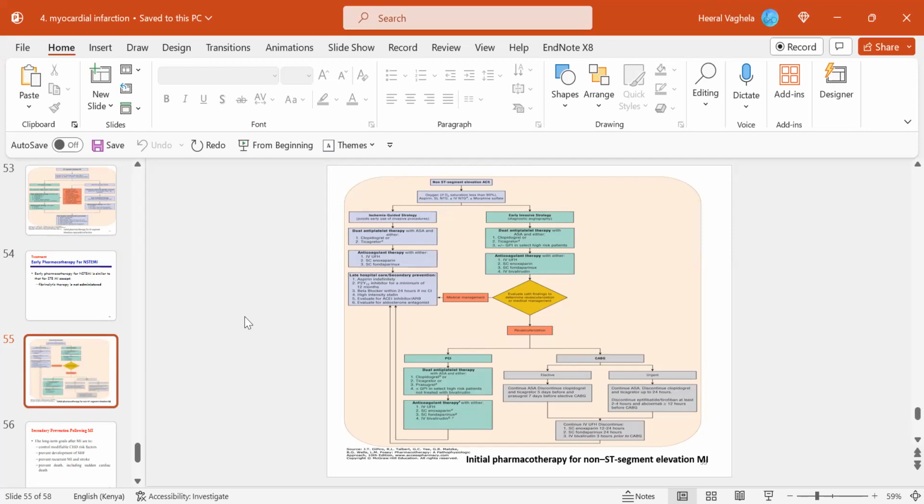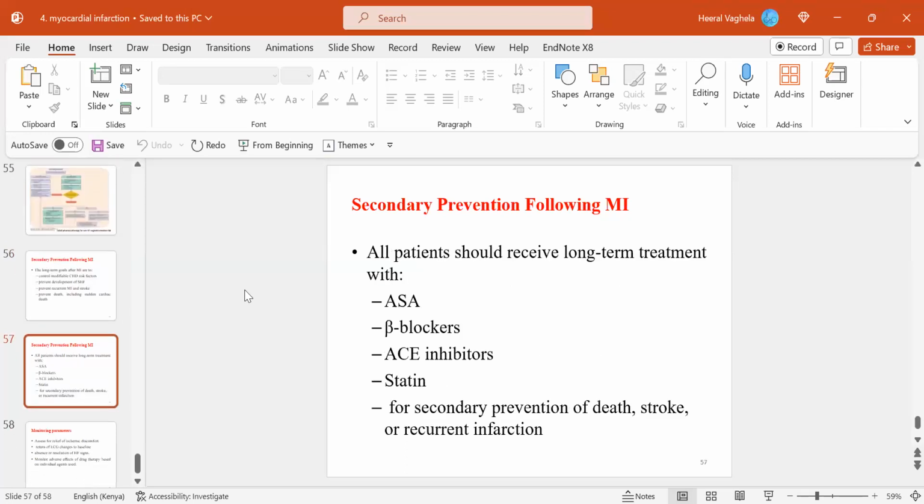Again, you give oxygen if oxygen saturation is below 90%. Basically the same, but over here you consider PCI, then you give aspirin and clopidogrel for 12 months. All patients receiving PCI should be given aspirin and clopidogrel for at least 12 months.